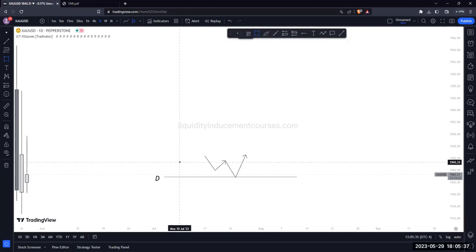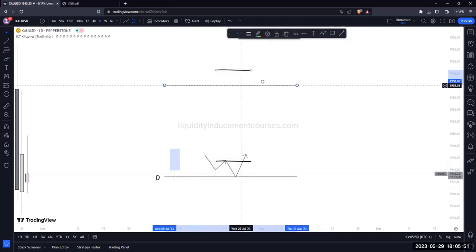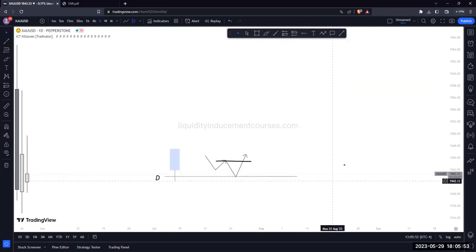Correct. But you also need a daily rejection. So you have a daily rejection and then H4 breakout. Then you start assuming that you're going to go to the next fresh daily. So the wick has to go through the daily fresh level and then close as a rejection.